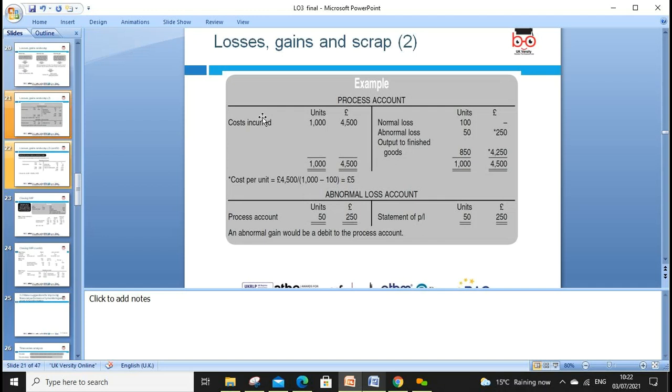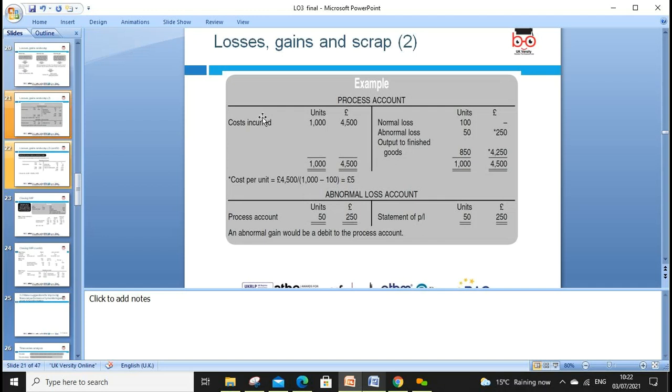So the overall cost will be £5. But the actual output wasn't 900, it was 850. And the cost of 850, if we multiply by 5, we can find the cost of it. That's 50 times 5, that is 250, which is the abnormal loss in that case.